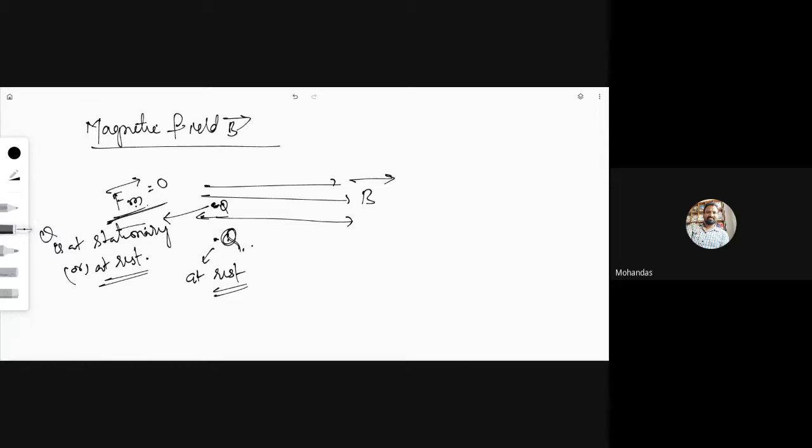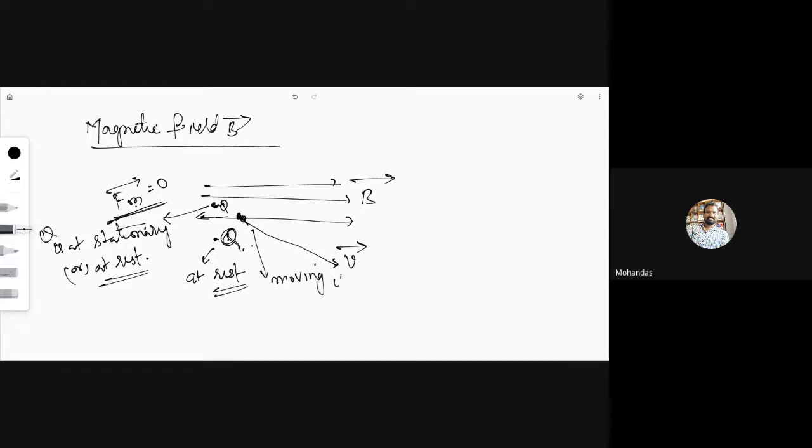But if you take an electric field and place a stationary charge, then the force exists. But in the magnetic field, it is not like that. If the charge is at rest, the force equals 0. But if the same charge is moving with a velocity v in the magnetic field, this is known as a moving charge.